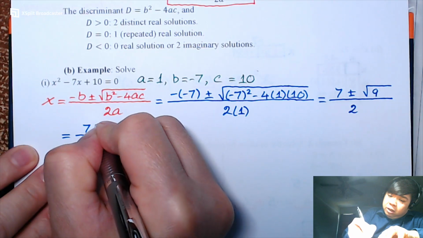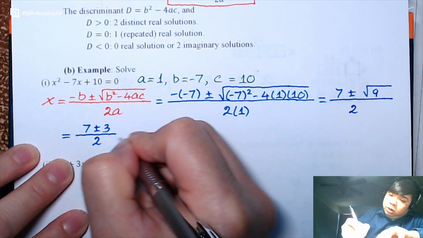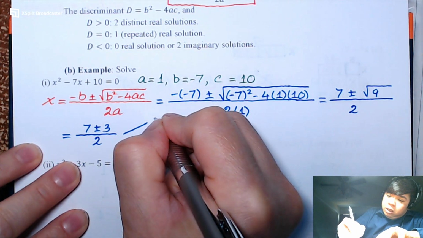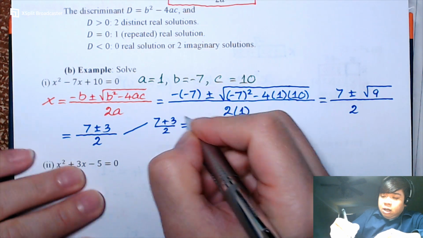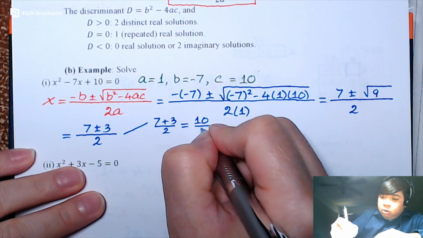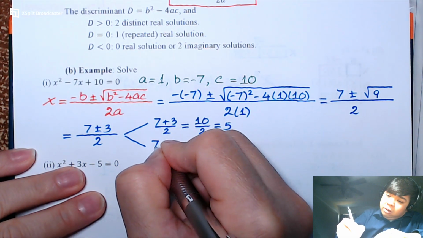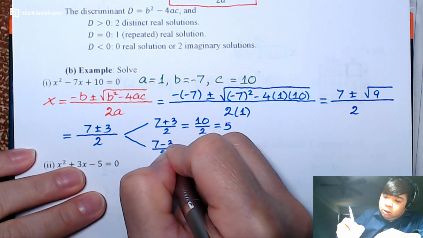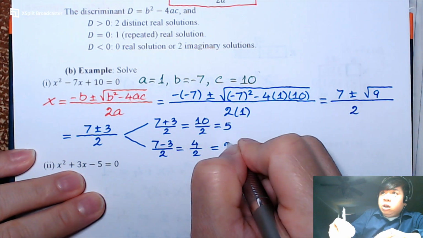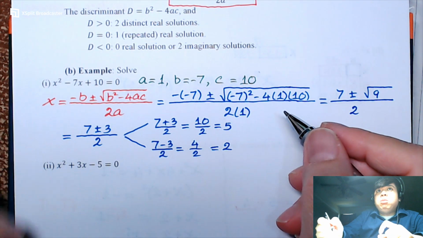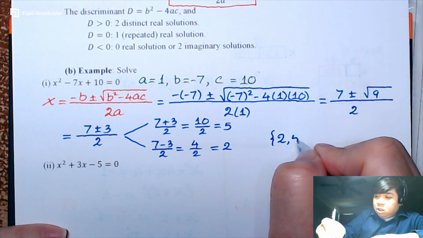So 7 plus or minus 3 over 2. 7 plus 3 over 2, that's 10 over 2, which is 5. And 7 minus 3 over 2, 4 over 2, is 2. So once again, we have the same problem of x squared minus 7x plus 10. The solution was 2 and 5, and now it's still 2 and 5.